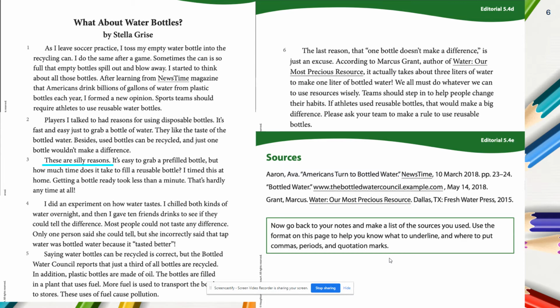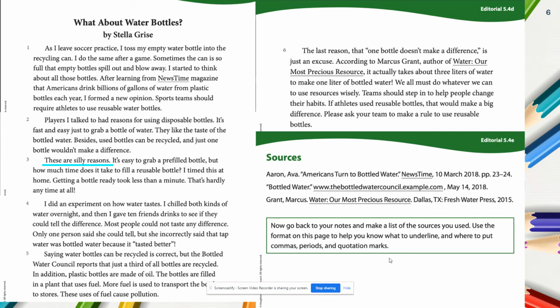She's explaining that sports players can easily grab a bottle of water in order to use water during a game. It states that they like the taste of bottled water, and used bottles can be recycled, and just one bottle won't make a difference.